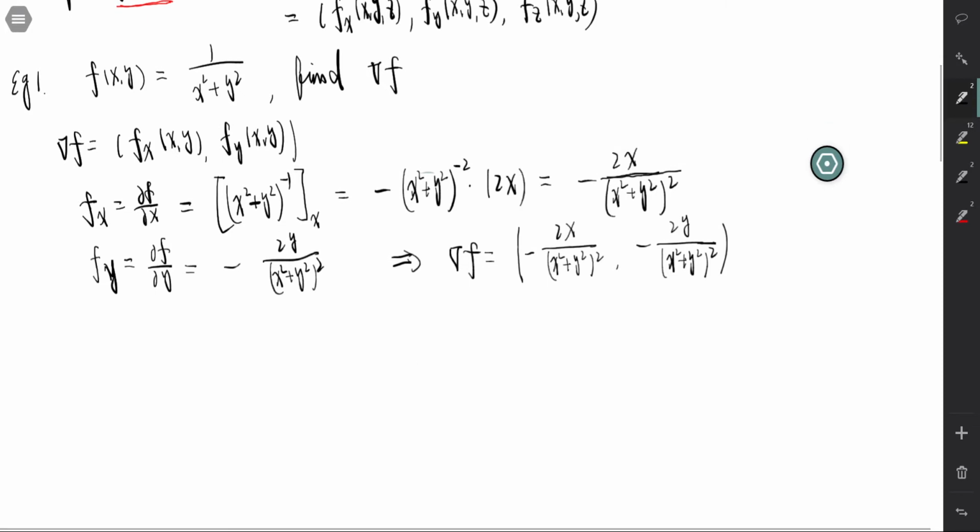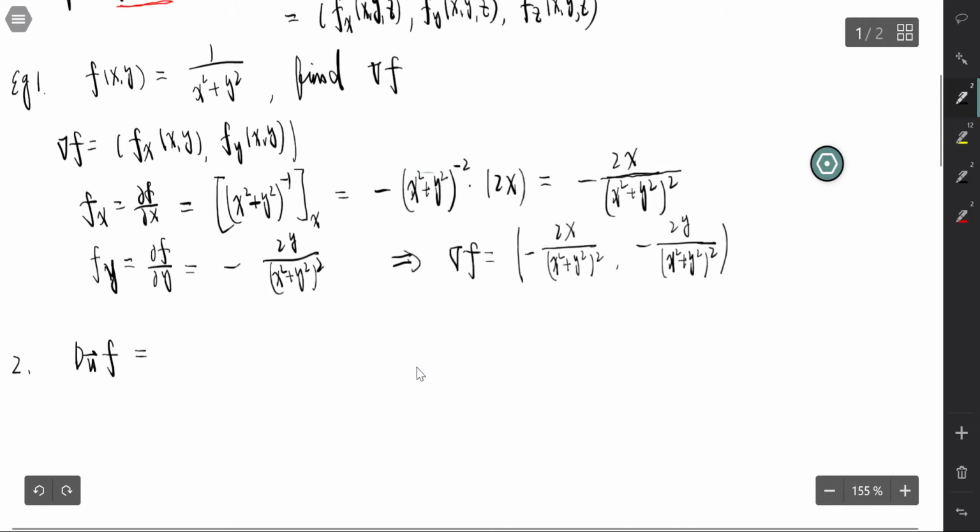From the definition of directional derivative, we know that the directional derivative of f can be written as gradient f dot u, that is the length of gradient f times the length of u times cosine theta.